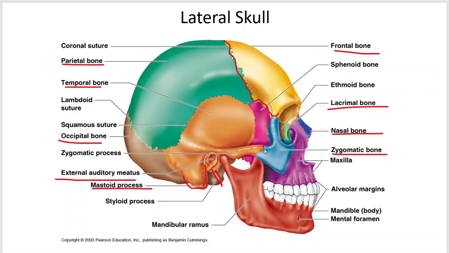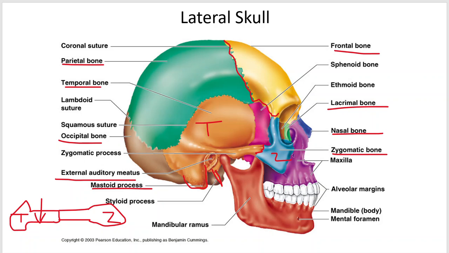Now, this is the border between these two guys. So, this is the temporal bone, and this is the zygomatic bone. Let me bring this down here and show you guys something. So if that's the temporal bone, and that's the part that connects to the zygomatic, and there's the zygomatic, and this is the part that connects to the temporal. Listen to what I'm telling you. This guy is called the zygomatic process of the temporal bone.